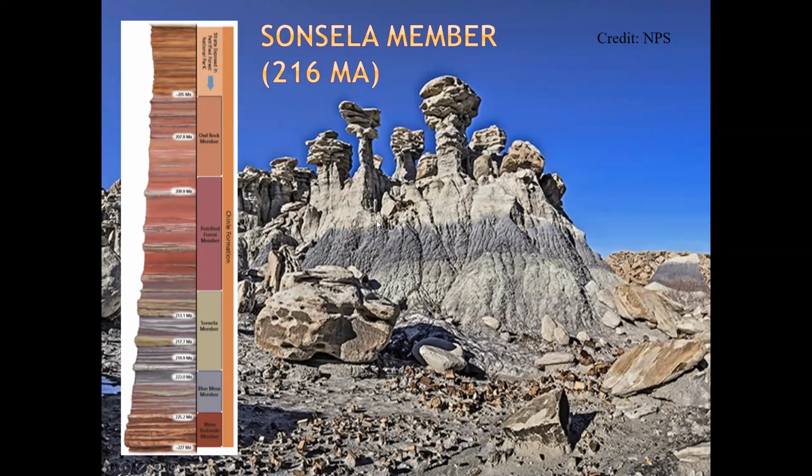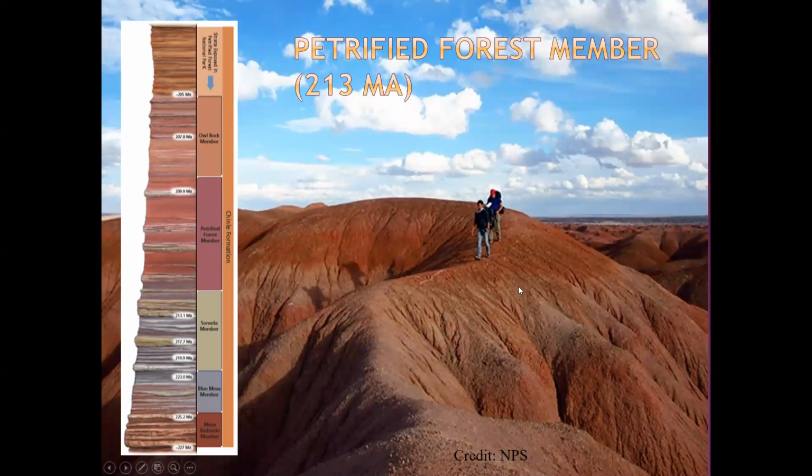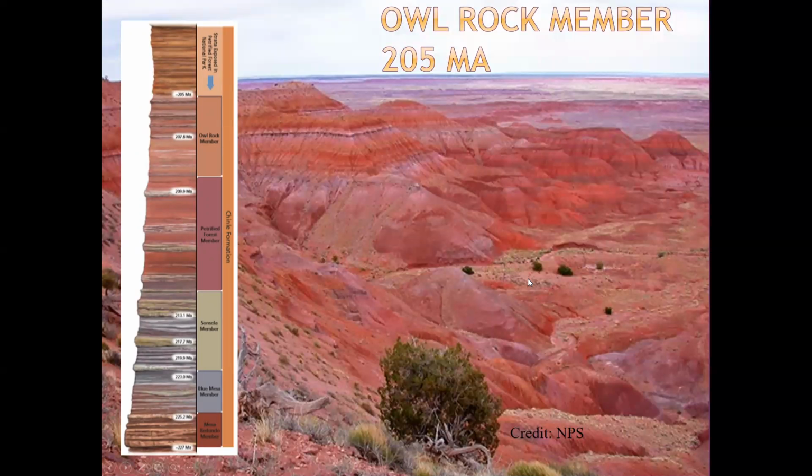This is just another formation at Petrified Forest National Park, the Sonsela member, just showing you a few of these beautiful formations. And here is the Petrified Forest member. And here is the Owl Rock member.